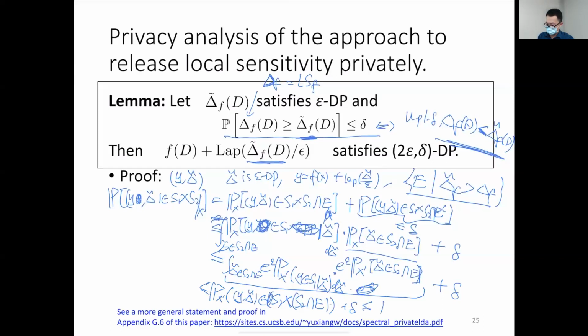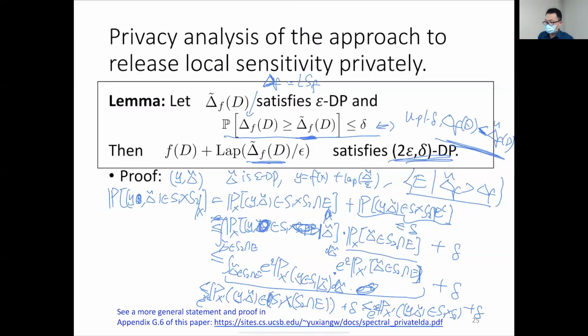So this is smaller than p of x prime, y delta tilde inside S1 times S2, plus delta. I forgot this e to the power of 2 epsilon. And this altogether shows that this satisfies e to the power 2 epsilon, delta differential privacy.